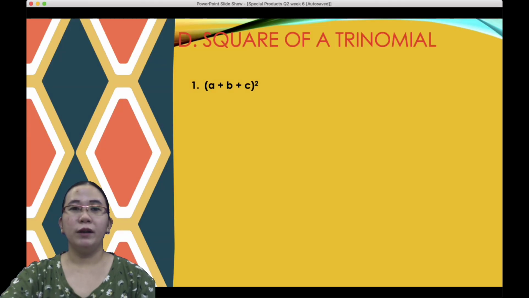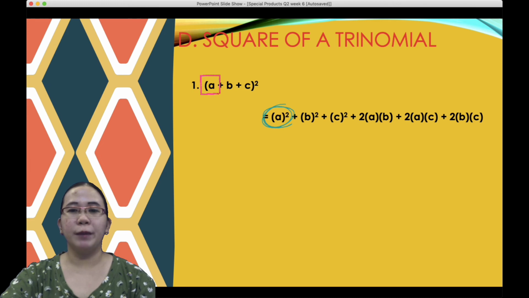Say what? We are now on the last special product, the square of a trinomial. Consider this example. The square of a plus b plus c. First step is to square the first term a, then square of the second, square of the third.